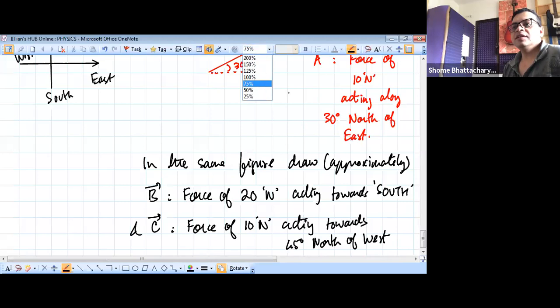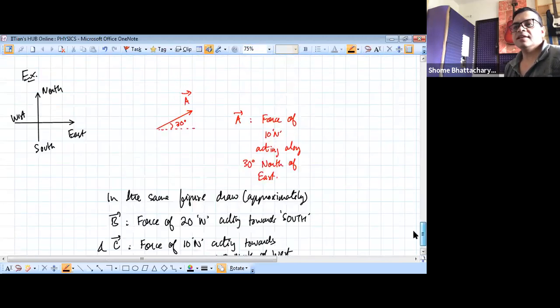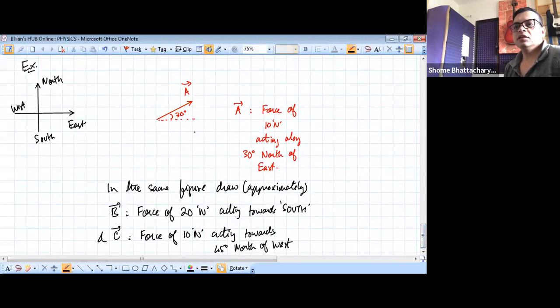So we are given a reference diagram. What is in the reference diagram? A force A is drawn in this way, which is described in the geographical plane, or the north, south, east, west plane, as being a force of 10 newtons magnitude, but acting in the direction 30 degrees north of east. So what does 30 degrees north of east mean? This is your east direction.